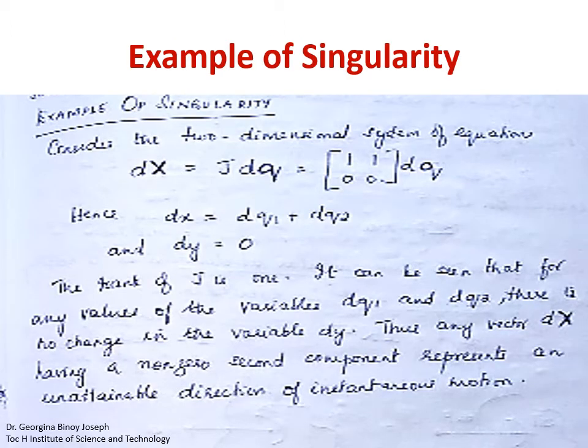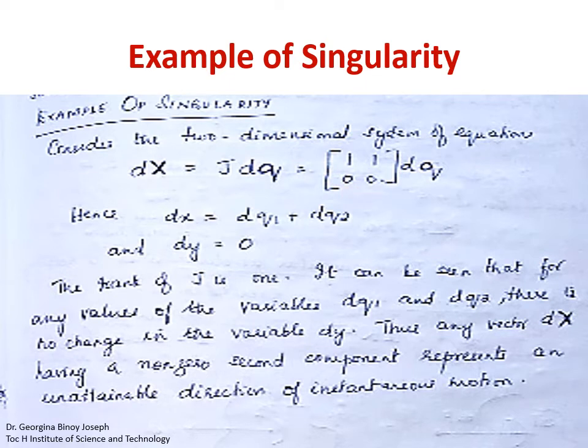To understand singularities better, let us look at an example. Again, I would request you to keep your notes with you to make the derivations and the equations a little more clear. Now, consider a two-dimensional system. Again, dx is equal to J into dq. Let us consider J is of this form. We are studying it in a very small way to make you understand.